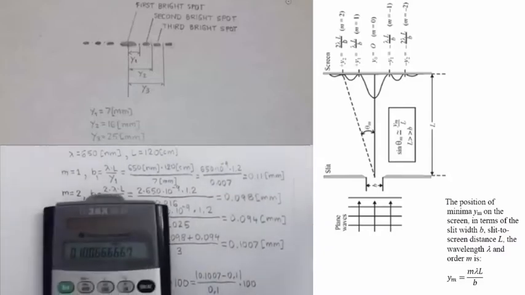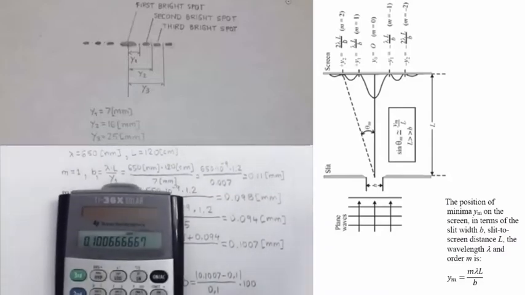So if we do this math, 0.1007 minus 0.1 over 0.1 times 100 gives us the percentage error of only 0.7%. So we can make a conclusion that our measurement was very valid and resulted in a very small percentage error compared to the nominal value of the width for the vertical slit.